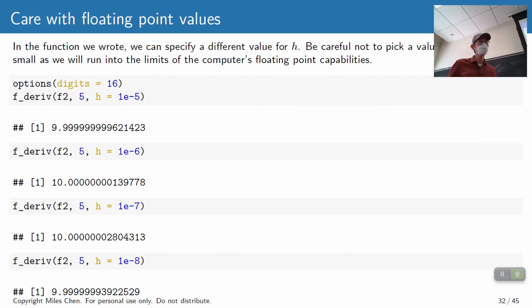Yeah, we're running into the limitations of floating point arithmetic, okay? In floating point arithmetic, we got 52 bits. We can only accurately represent maybe 16 decimal places of precision.